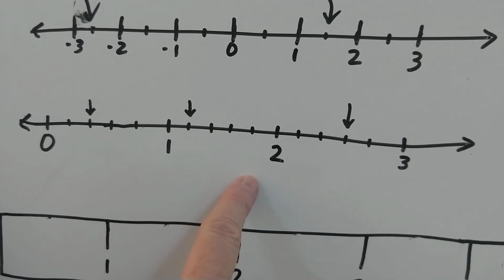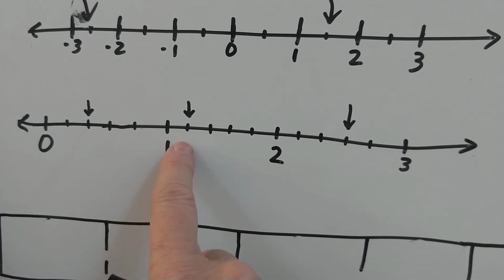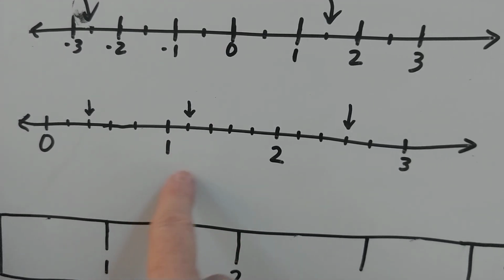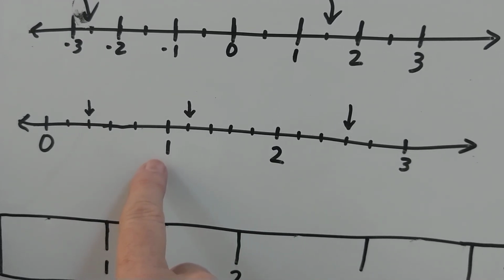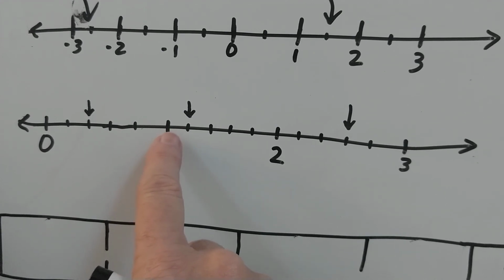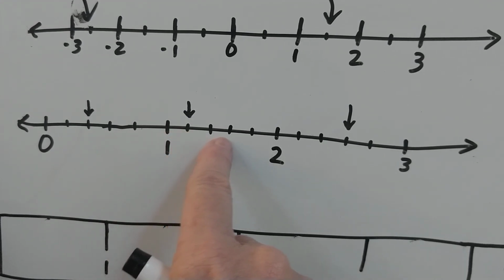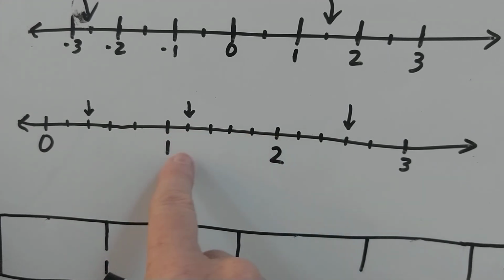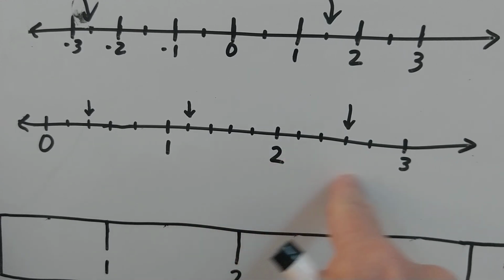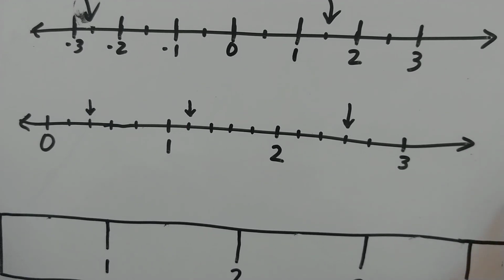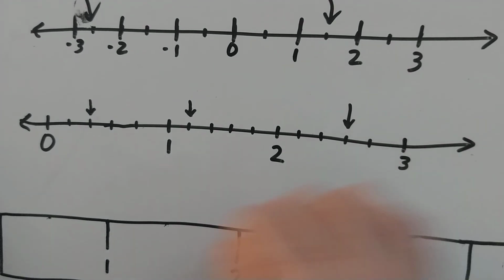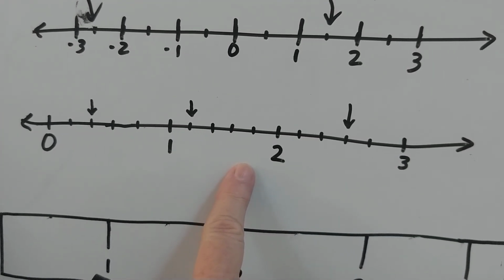And to find out the fraction part of it, we have to figure out how many pieces each whole is divided into. So we have 1, 2, 3, 4, 5. Each one of these is divided into 5 pieces. So the denominator is going to be fifths because it's divided into fifths.